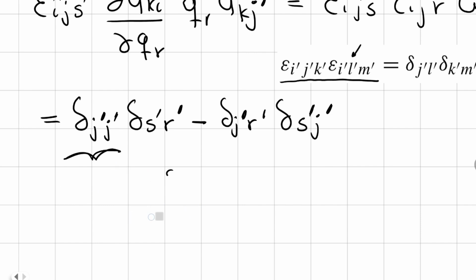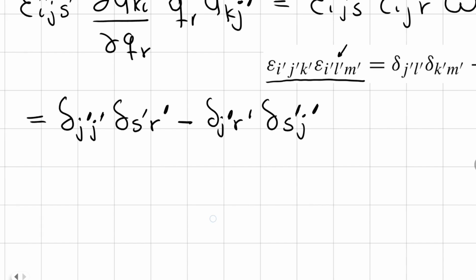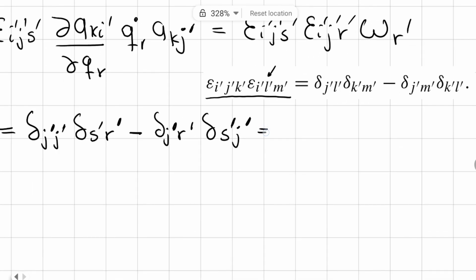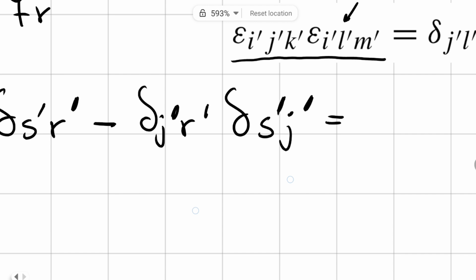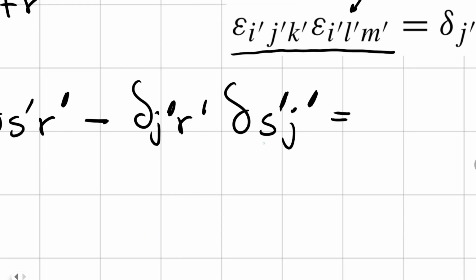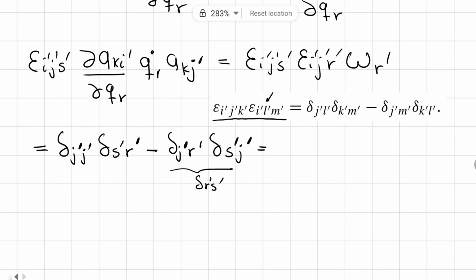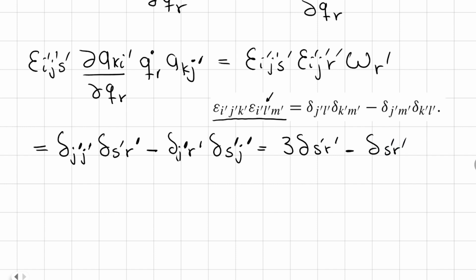Okay, so we are going to get that this is, and here, look that we have a repeated index. So this is going to be a Kronecker delta RS, of course. That was easy. So we get that this is 3 Kronecker delta S prime R prime minus the Kronecker delta S prime R prime.